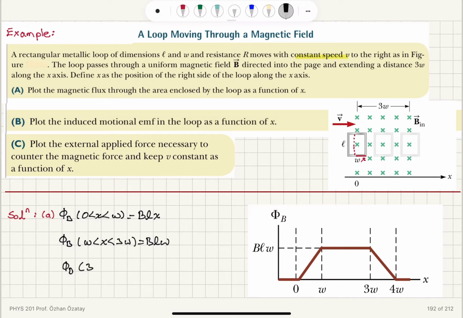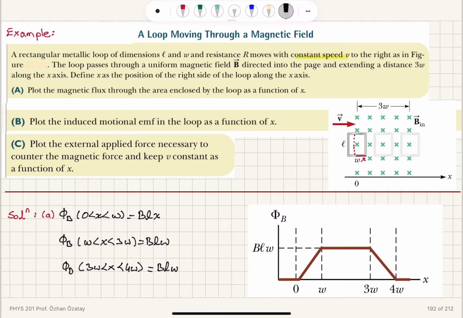When x is greater than 3W but less than 4W. When it is 4W, the right side will be a distance W from the end of this region. So that means all of the loop will be outside. So at 4W, it has to be 0. So it's going to be decreasing from BLW.